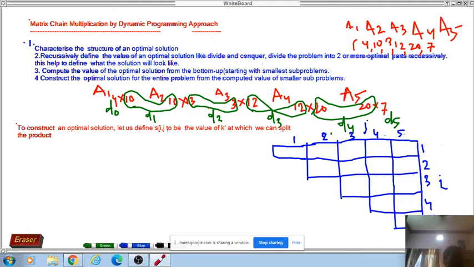We split the product A_i, A_{i+1}, up to A_j, to obtain an optimal parenthesization.